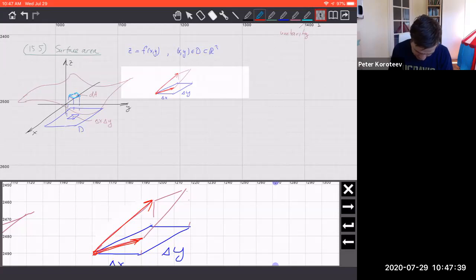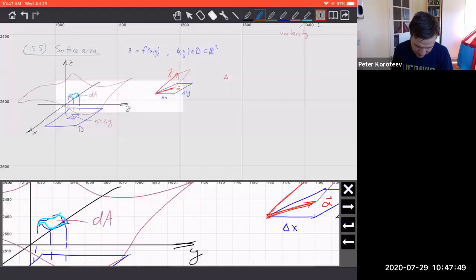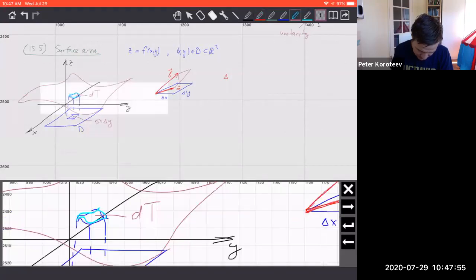So if we call this vector A and that vector B, then as we know from previous work, maybe we'll use a different letter here not to confuse it with the area downstairs, right? So let's call it delta.